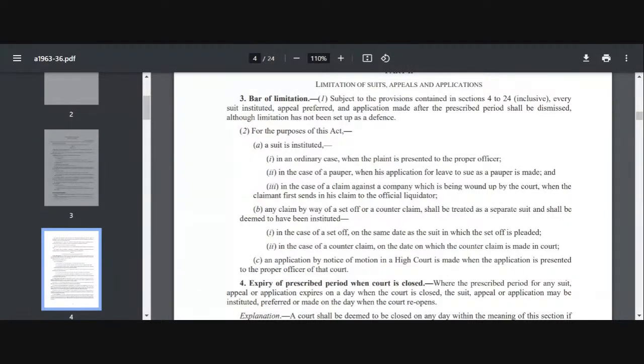The court can set off the case. So here in section 3, it is saying, now the dates are different.